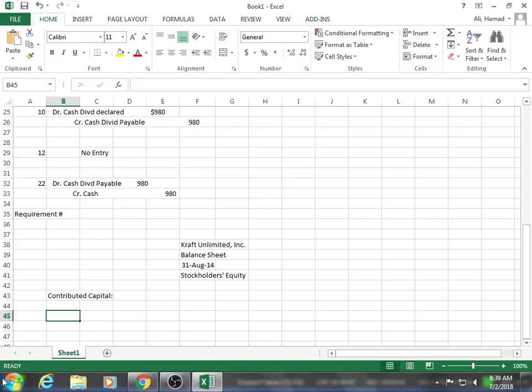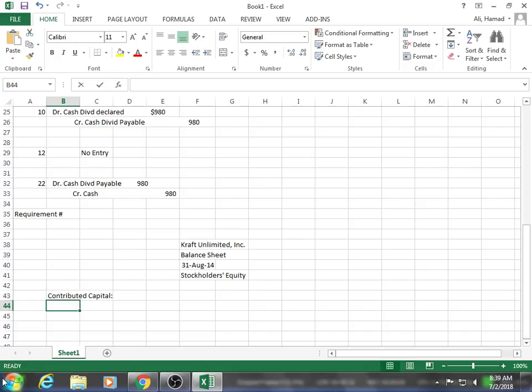It'll be the stocks that you issue. We put the preferred stock and the PIC if we have it, and the common stock and the PIC of the common stock if we have it. So, let's start with the preferred stock.